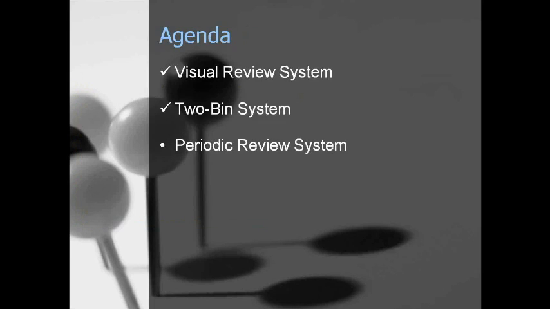So now we've looked at visual review and 2-bin system. The last one we're going to look at is periodic review. The periodic review system, we have all seen this in action. You may not have recognized it when you saw it.